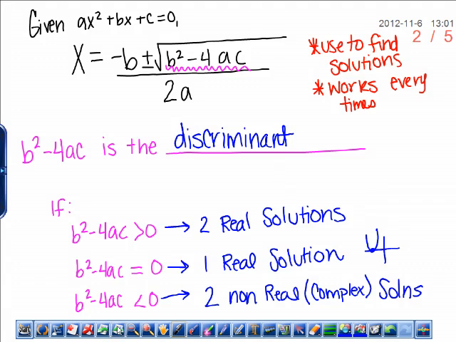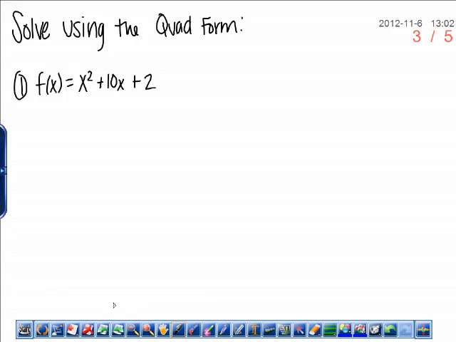All right. Let's give this a shot. f of x equals x squared plus 10x plus 2. I think it's good to start by deciding what a is, b is, and c is. So a is 1, b is 10, and c is 2.